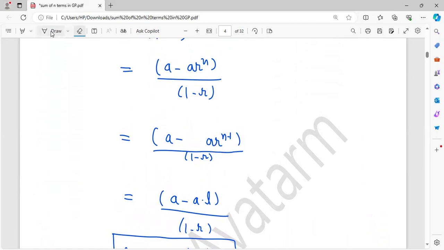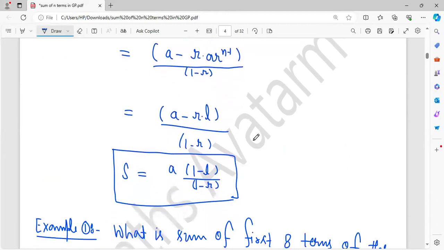I can write this as a minus L r, so this is L into r. So you have, what is the formula?